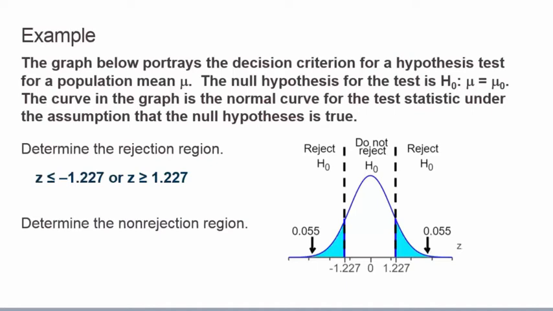Determine the non-rejection region. The non-rejection region is going to be between our two z values. So our z is going to be between the two numbers. Negative 1.227 is less than z, which is less than 1.227.